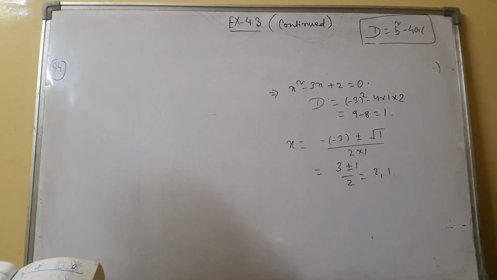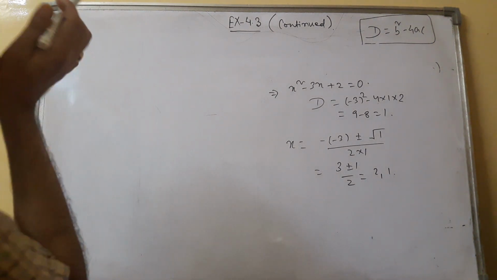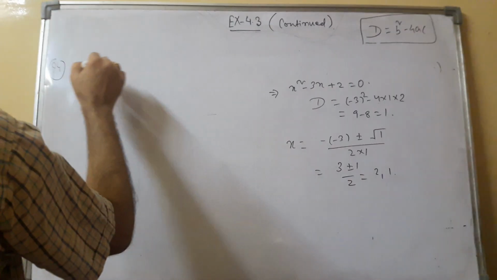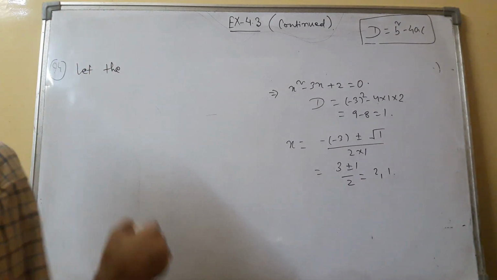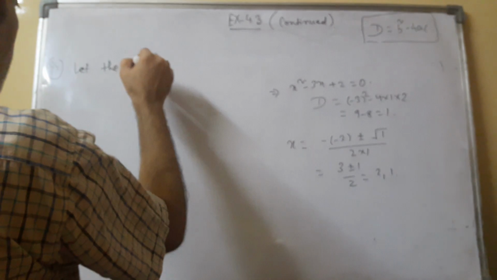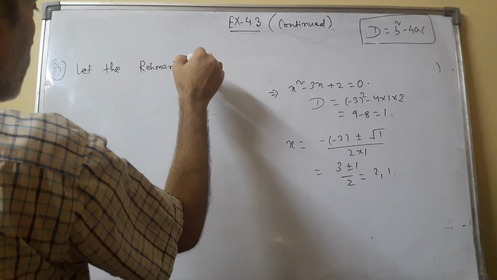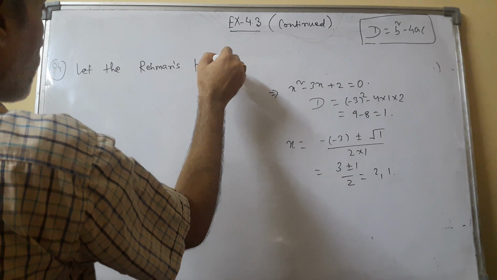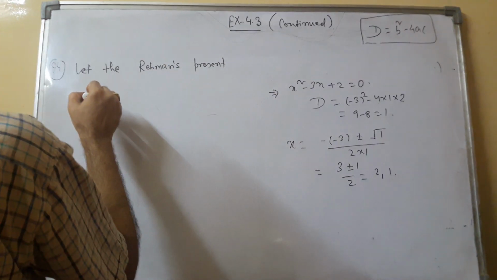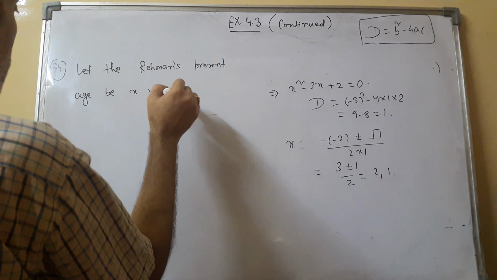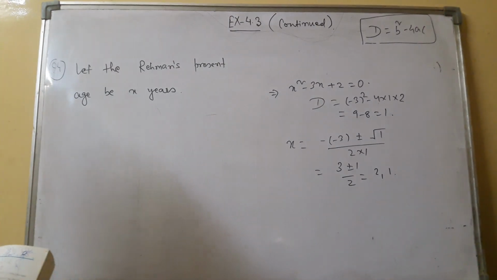The sum of the reciprocal of Rahman's age 3 years ago and 5 years from now. In such a case, what to do? Take the present age. Let Rahman's present age be x years.